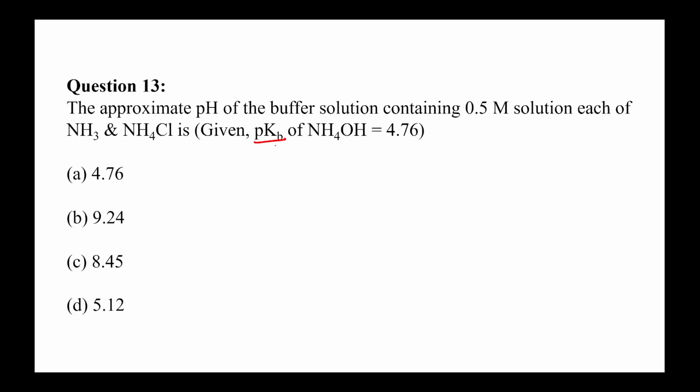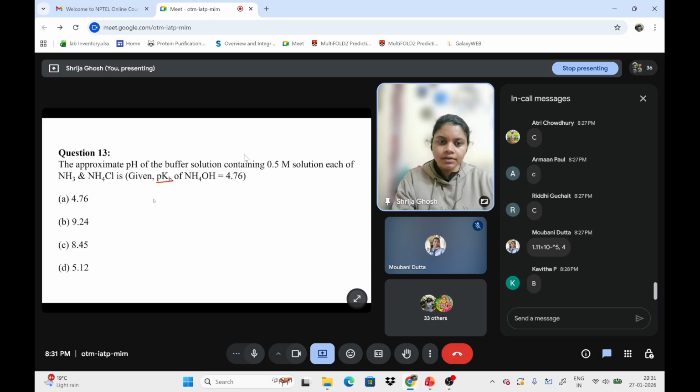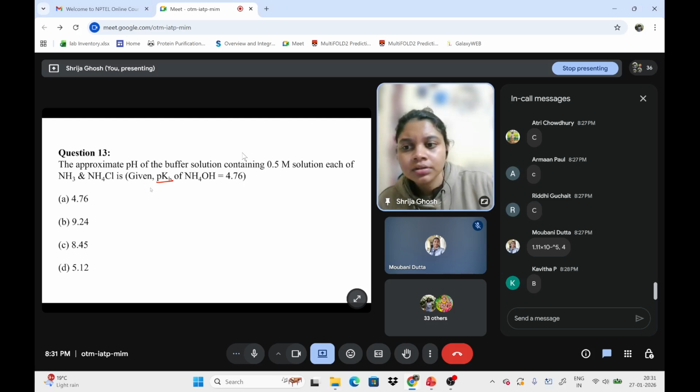The only thing is pKb is given, so now you know what to calculate first. Can you calculate pH in this question? You have to calculate the pH, but can you directly calculate pH in this question, or you have to first calculate something else and then you have to calculate the pH?